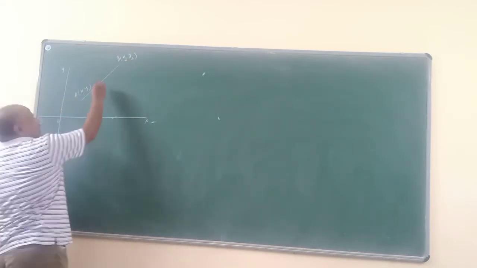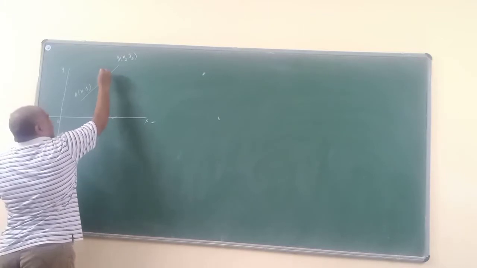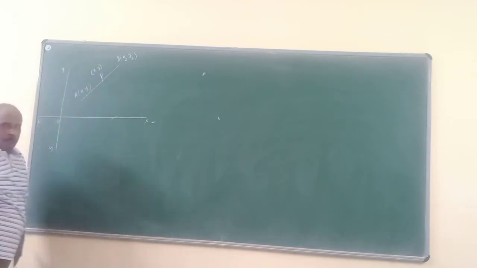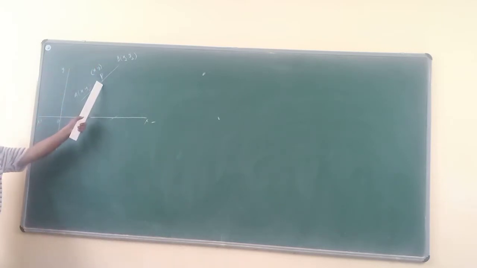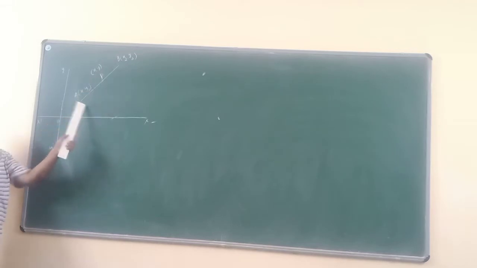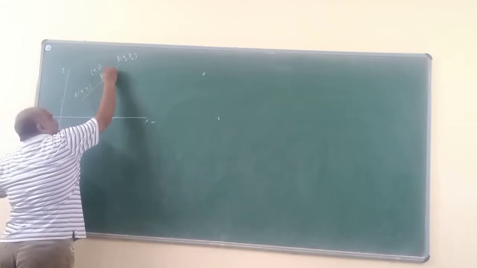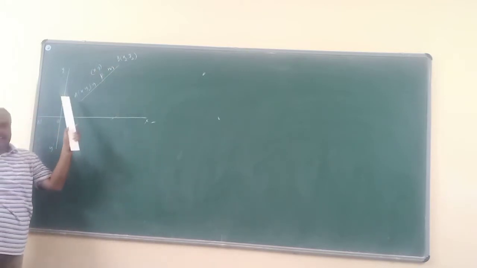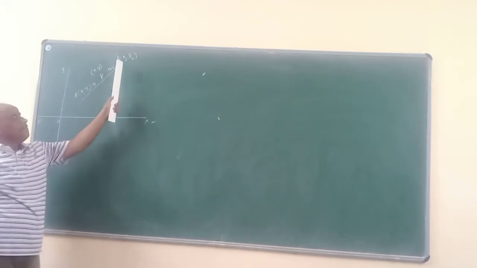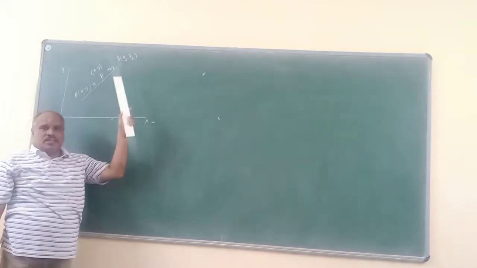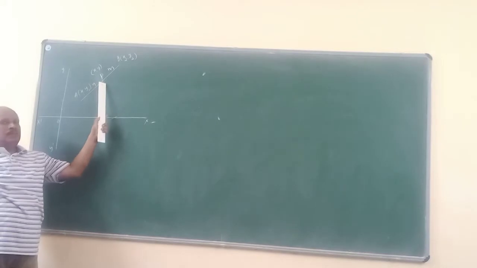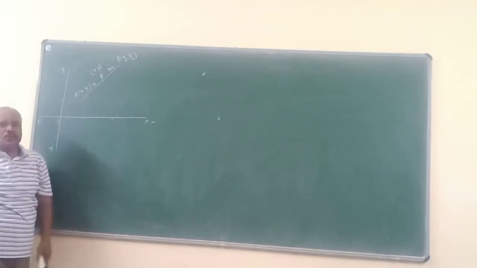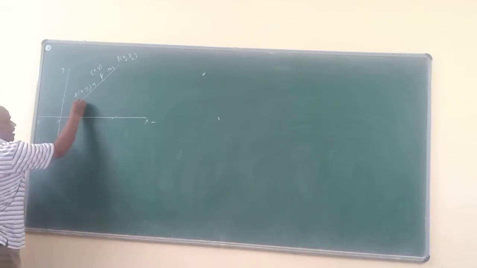P is any point on AB whose coordinates are (x, y), and the point P divides AB internally in the ratio m:n.